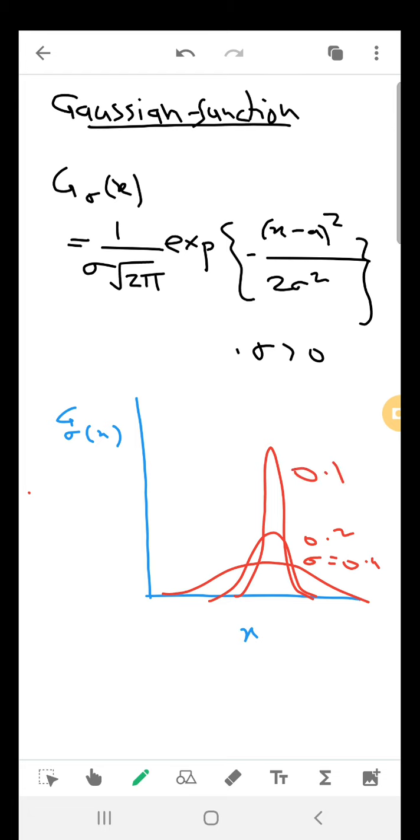So similar to the rectangle function, we are getting a steeper plot with decreasing value of sigma. This is for 0.01. And this is 2, and this is 1, and this is 3. This is how this Gaussian function looks like.